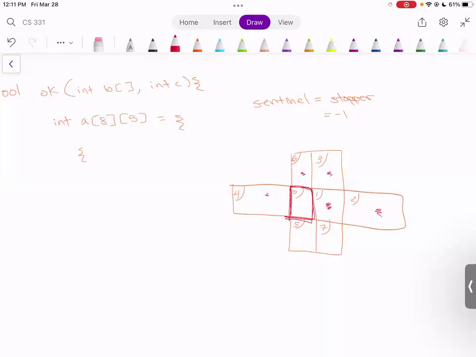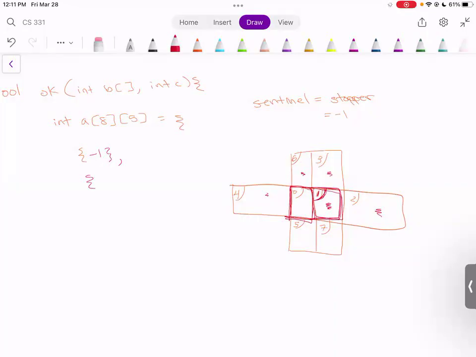Okay, good. So the 0th position, I can put any number there I want, right? Yep. Good. So I just put the sentinel. The second one, do I have to watch out for any neighbors?